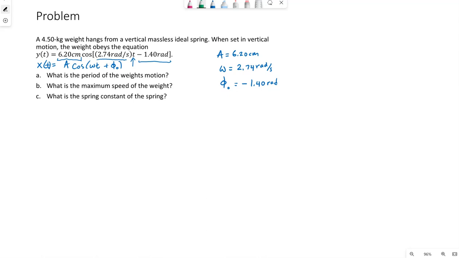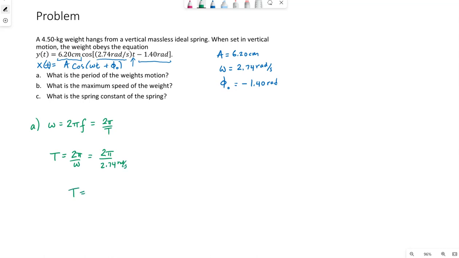All right, so part A, we want to know the period. Well, omega and period are always related. Omega is 2 pi f, so 2 pi over the period. That means our period of motion is going to be 2 pi over omega. We have omega, that's 2.74 radians per second.